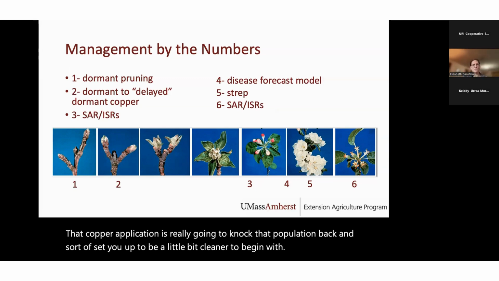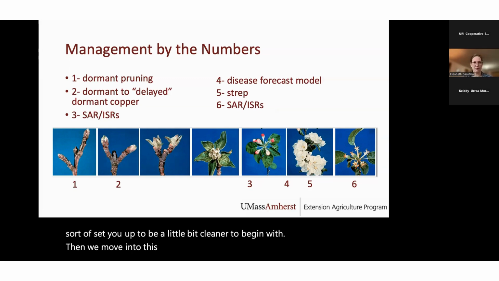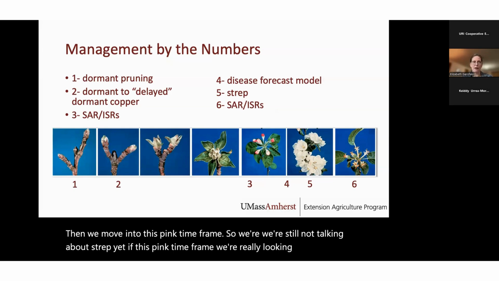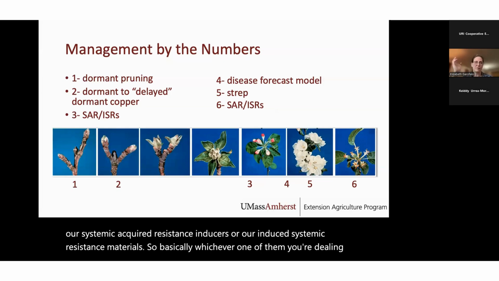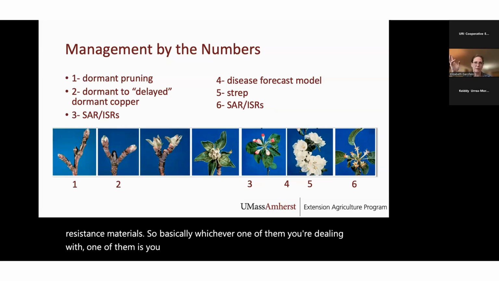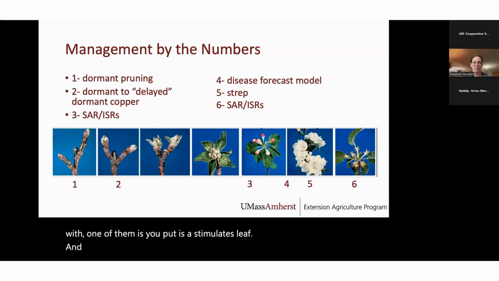Then we move into this pink time frame. So we're still not talking about strep yet. At this pink time frame, we're really looking at putting on our systemic acquired resistance inducers or our induced systemic resistance materials. Basically, whichever one of them you're dealing with, one stimulates leaf tissue and the genetic pathways within that.